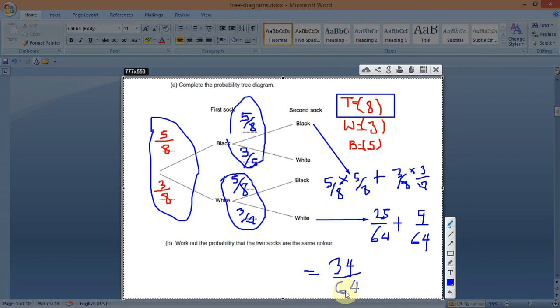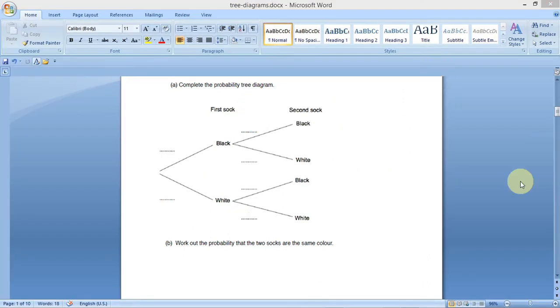Divided by 2, that's 17/32. If you don't mind, you can leave it like that too, but it's better for you guys to reduce to lowest term. So that's 17/32. That's the answer, guys. You can rewind and check. Next question.